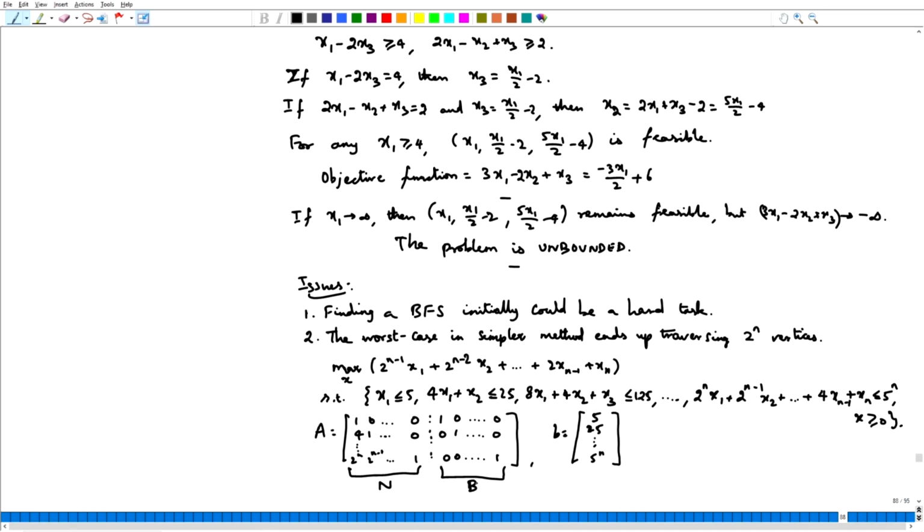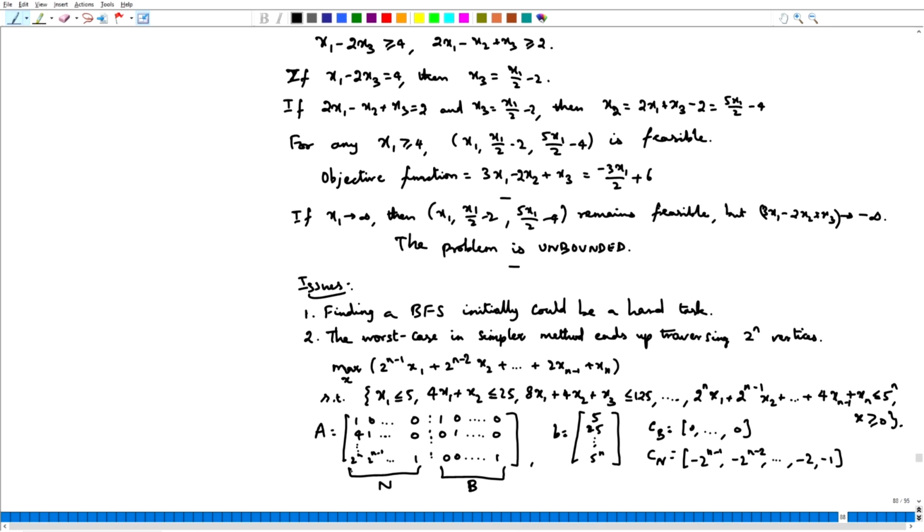So I have got B, I have got N, I have got little b, and CB is n zeros, and Cn is minus 2 power n minus 1, minus 2 power n minus 2 dot dot dot minus 2, minus 1. And of course, you will have the B set and N set.